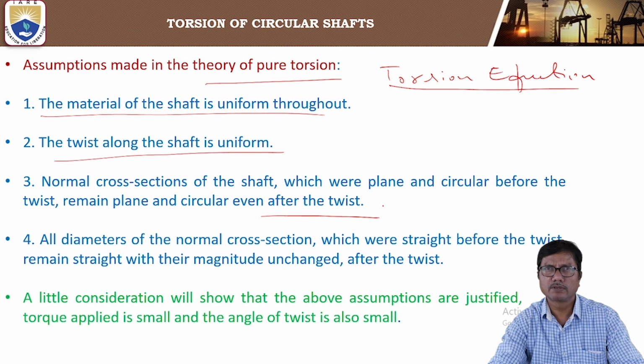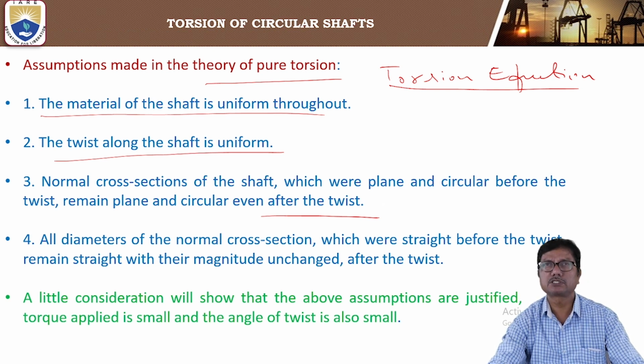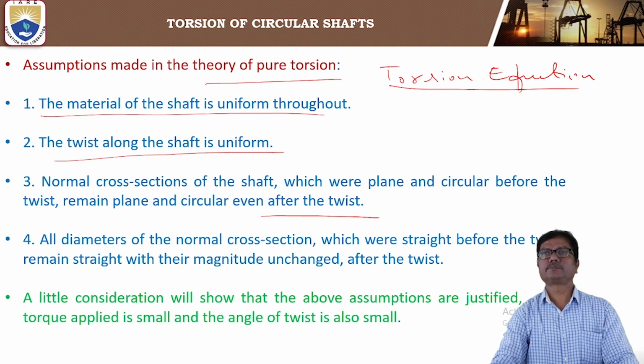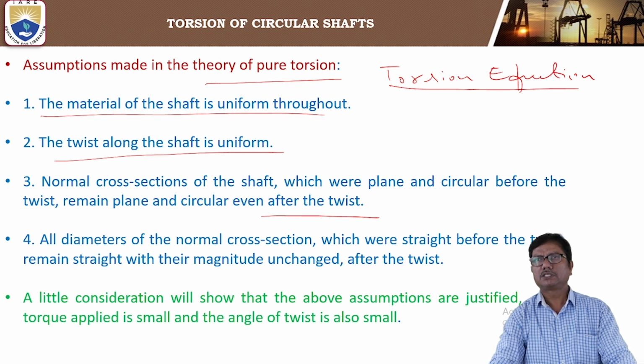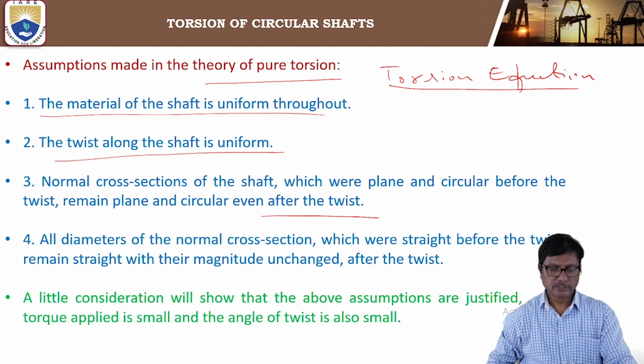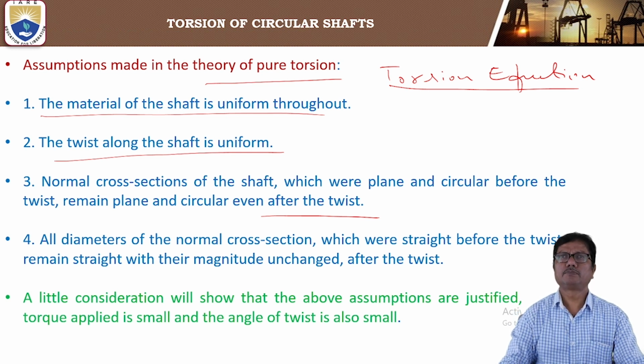The fourth assumption is that all diameters of the normal cross section which were straight before twist remain straight after twist. With these assumptions we will proceed to derive the torsion equation.